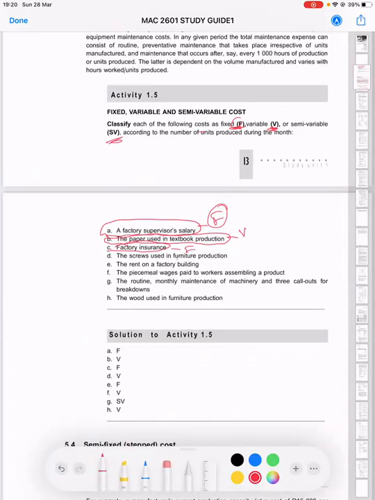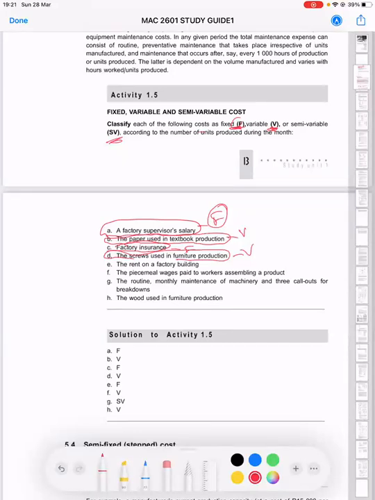Screws used in the furniture production are going to be a variable cost, because if one desk, for instance, would need 5 screws, 2 desks will need 10 screws. As we increase our output, the number of screws is going to increase as well. So the cost of those screws is a variable cost.